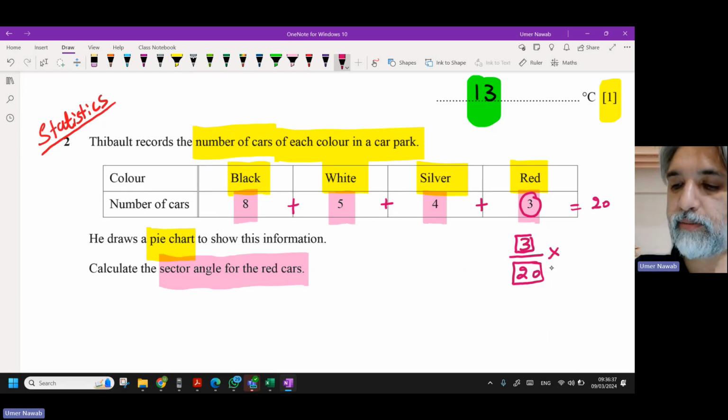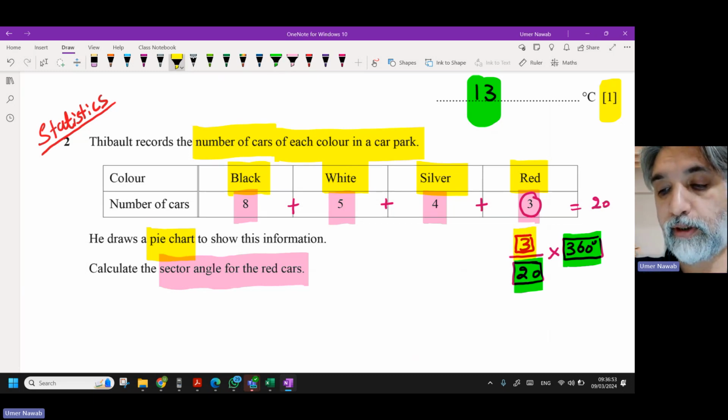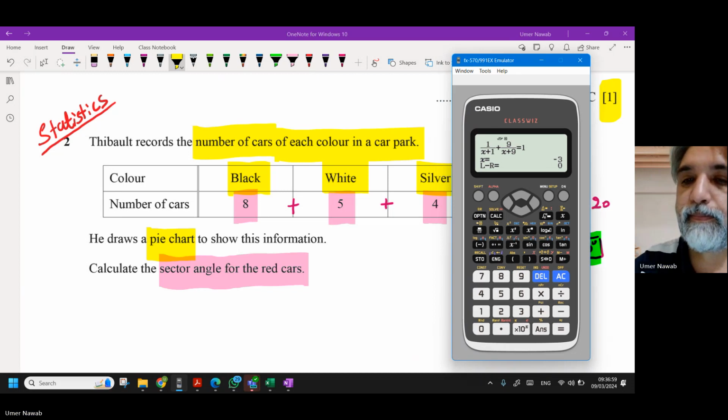Now this 20 is representing how much angle? The total is equal to 360 degrees, so I'm going to write here 360. Keep it in your mind, this 20 represents 360 degrees. And I want to find how much angle the 3 units out of 20 represent. So I'm going to open my calculator.